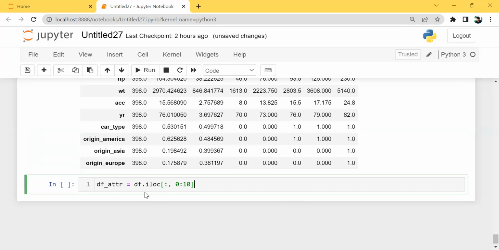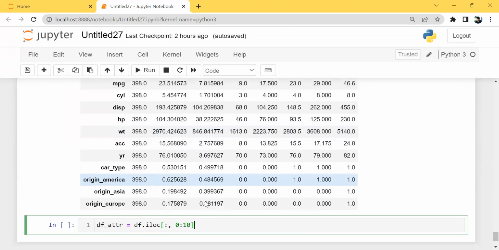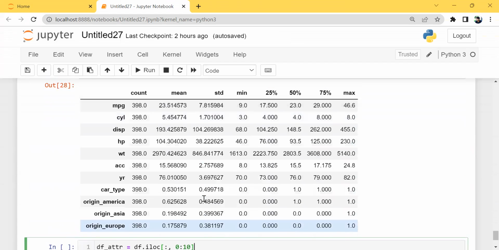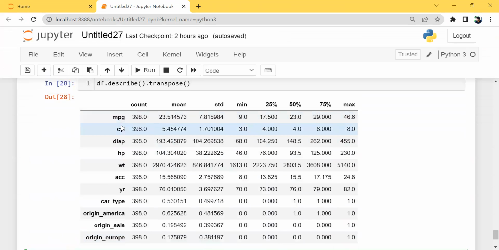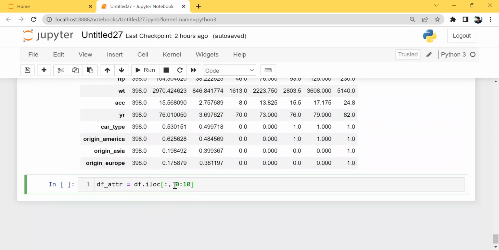See, I'm creating a temporary data frame, that is df underscore ATTR equal to df dot iloc. Here I'm saying consider all the columns from 0 to 10. How many columns are there? Just count: 1, 2, 3, 4, 5, 6, 7, 8, 9, 10, and 11. So I'm saying 0 to 10, that means all the 11 columns will be considered.